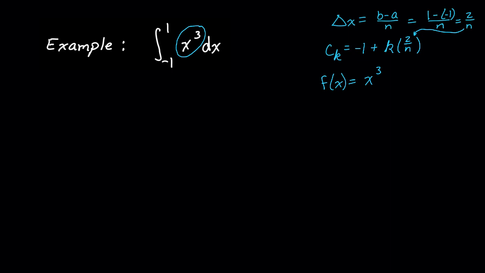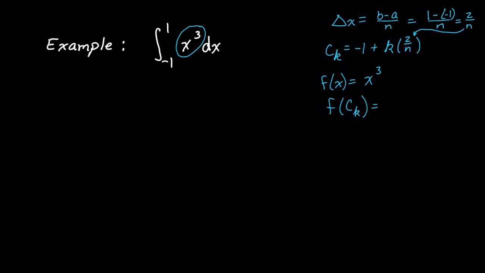Now, if f of x is x cubed, that means f of c sub k would equal c sub k cubed, because all you're doing is taking this and substituting it in for x. But we don't want to put c sub k in here. We're going to take what c sub k represents in this problem, which is this right here.